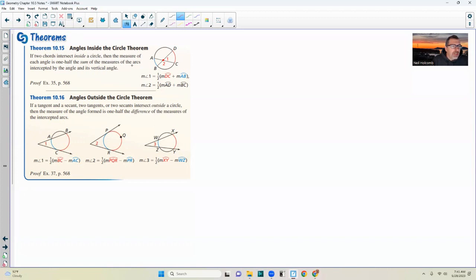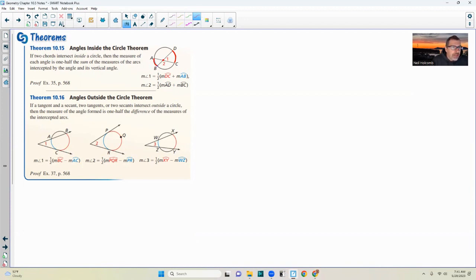And you're like, what? So here's angle 1 right here. It intercepts arc DC and it intercepts arc AB. So the angle measure equals 1/2 the sum of those two arcs. You add DC to AB and divide by 2. It's an average. So the angle is the average of the arcs intercepted, just like angle 2.